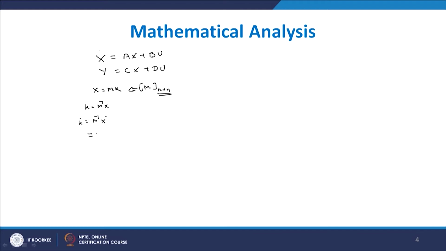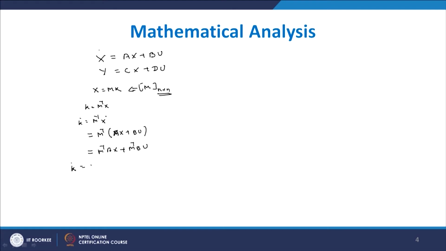So, you will get M inverse x dot equals Ax plus Bu, and after solving this we will get M inverse A x plus M inverse B u. So, here we have an equation in terms of k, but here we still have x.